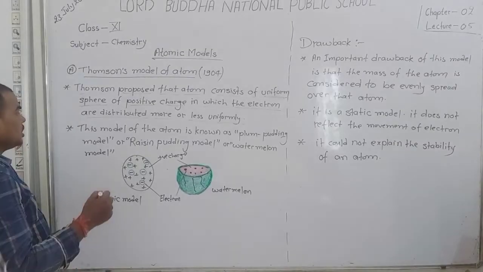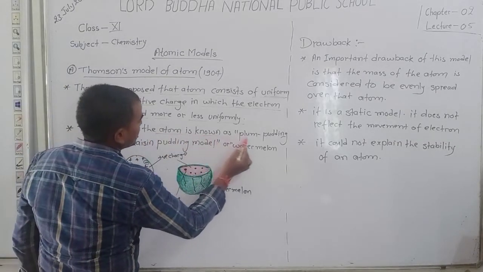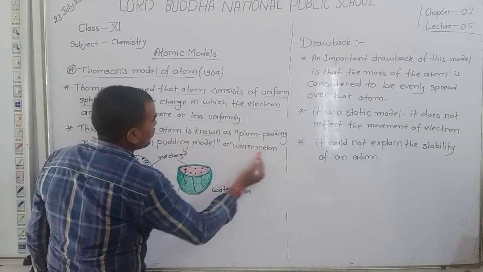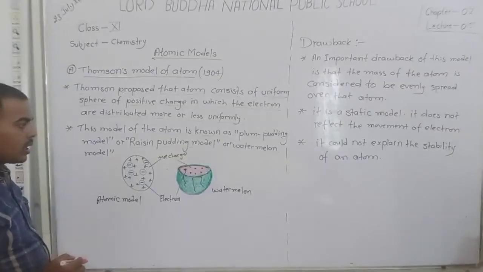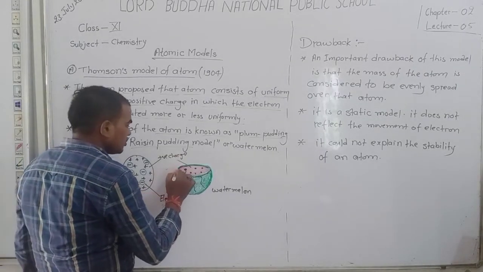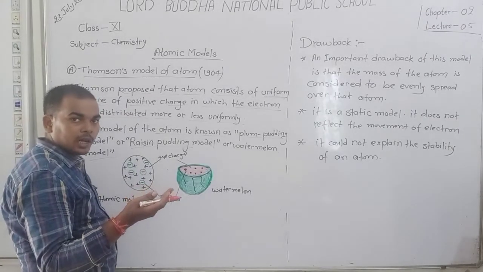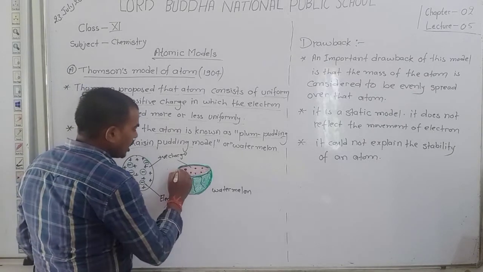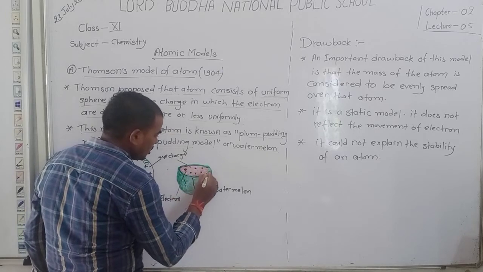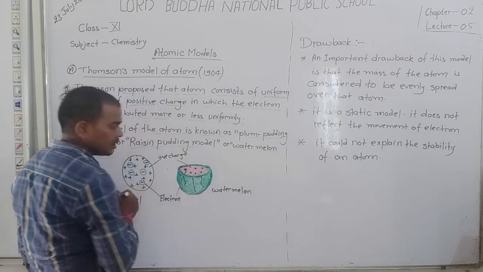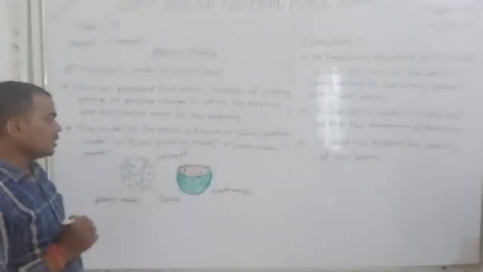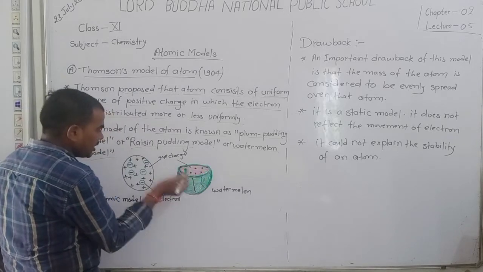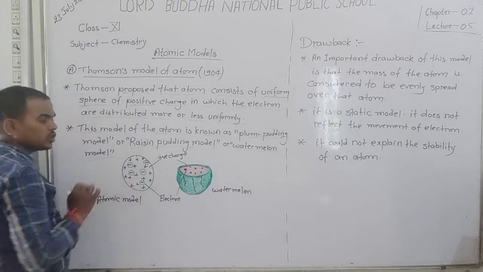Dear student, this model of the atom is known as the plum pudding model, raisin pudding model, and watermelon model, because in a half watermelon you observe the surface is like a sphere, and the atom is also a sphere.